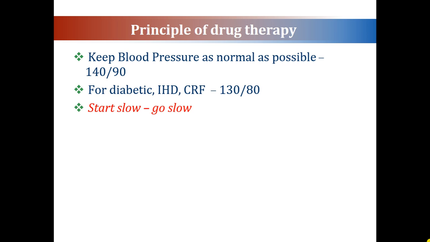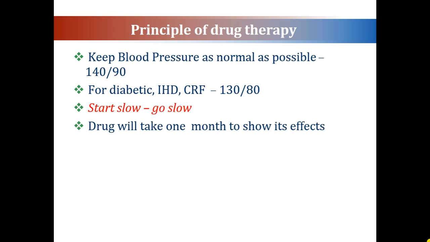Never hurry to start an antihypertensive therapy, and increase the dose gradually. A drug will take 1 month to show its proper therapeutic effect. It is not that you start the drug therapy and the next day you will see the complete pharmacological response. To establish the complete pharmacological response, there will be 1 month time.